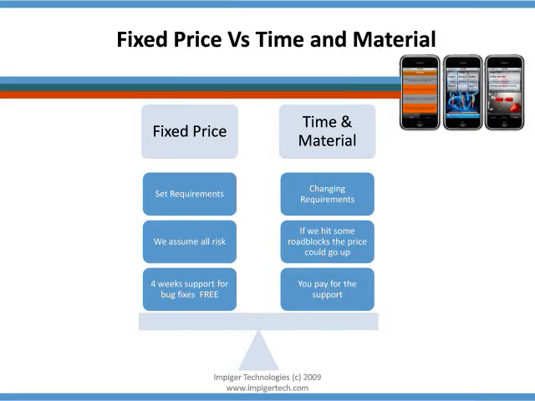The key difference though is when you have the requirements nailed, when you have a very clear vision of what you would like to do, then we follow the fixed price model and we assume all the risk. Also, with this fixed price model, we provide you with 4 weeks of support for bug fixes and minor enhancements. On the other hand, you might want to go with the hourly rate or time and material contract.